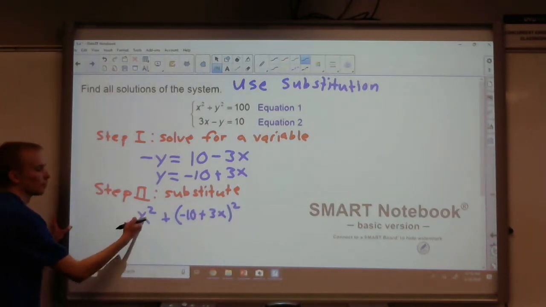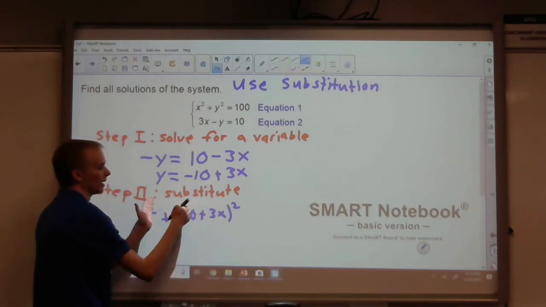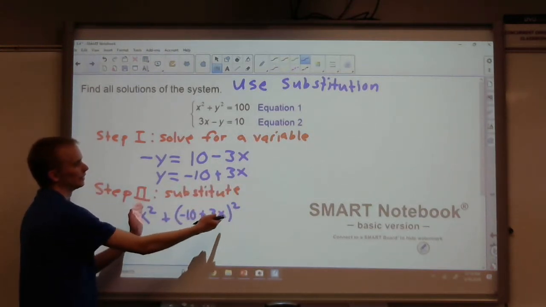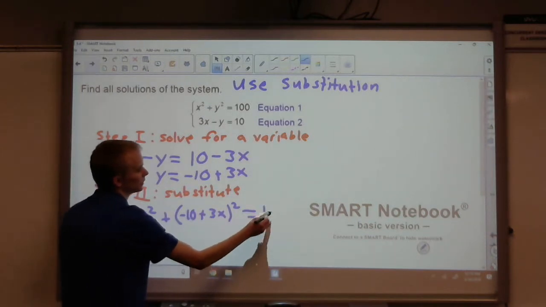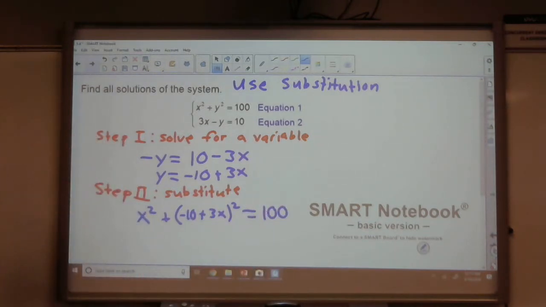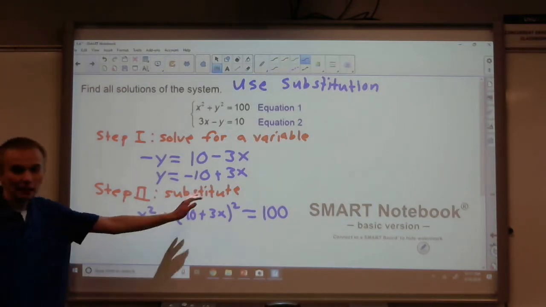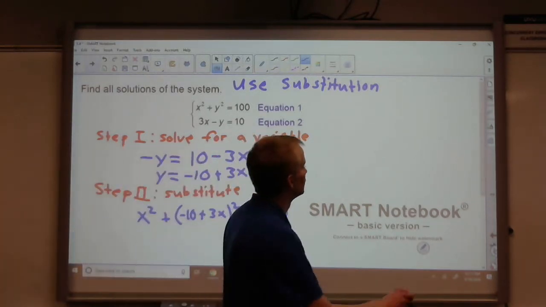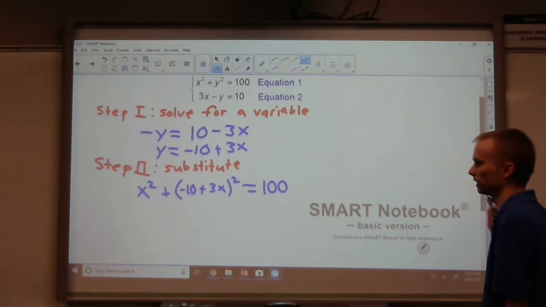So this is x squared plus y squared, right? But y is this, so I just plug that in for y, is equal to 100, okay? So now I have an equation with one variable, right? So I can solve for that variable.